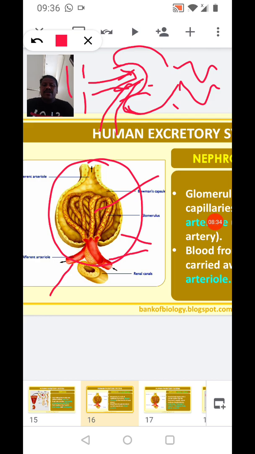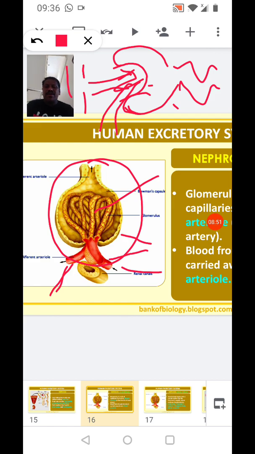Here two blood vessels are there. This is the afferent, this is the efferent. The afferent renal arteriole gives off a tuft of blood vessels in the Bowman's capsule known as the glomerulus.